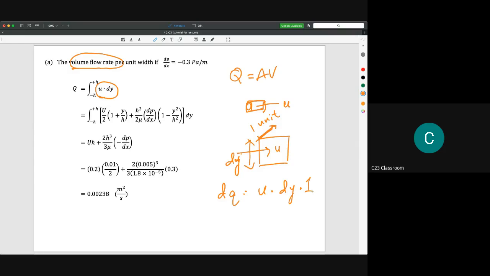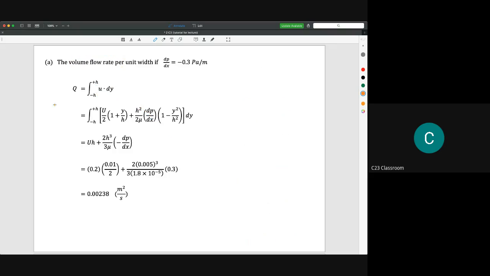And then to get the total Q, we integrate both of these. So now we have Q equal to the integration of u dy. This is what we have here. Then we substitute the value of u with the previous term and integrate with y.